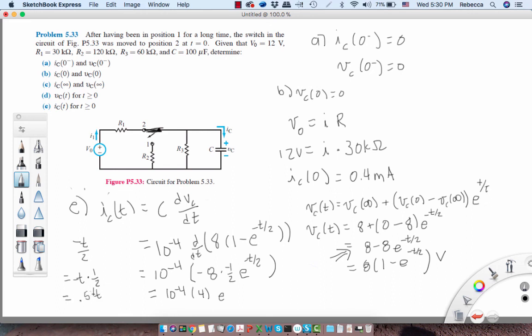So if we wanted to write it as a decimal, it would be minus 0.5t. So 10 to the minus 4 times 4 e to the minus 0.5t turns out to be 0.4 e to the minus 0.5t milliamps, if we change it to milliamps. And that's problem 33.